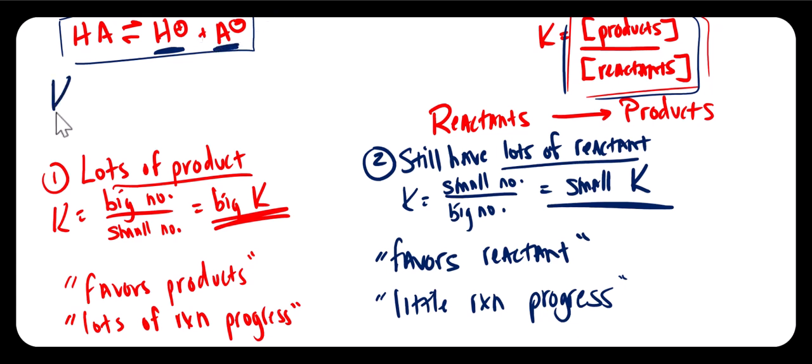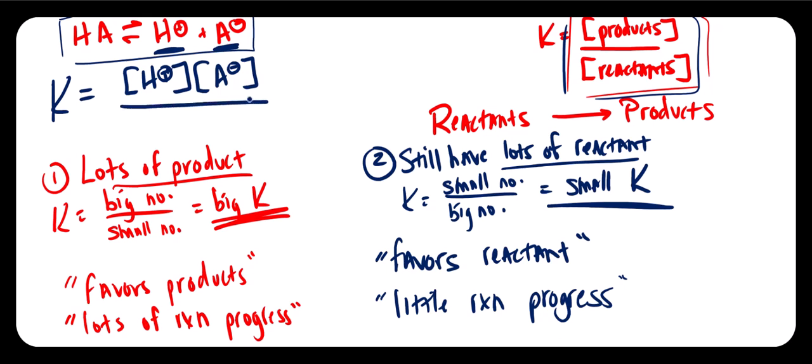So we can apply an acid dissociation constant. Still the same thing, product over reactant. So my product, the concentration of the hydrogen ion, times the concentration of the rest of the molecule, divided by whatever's left of undissociated acid. So that's going to be my acid dissociation constant.